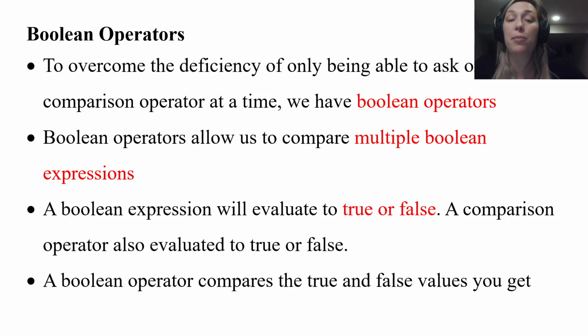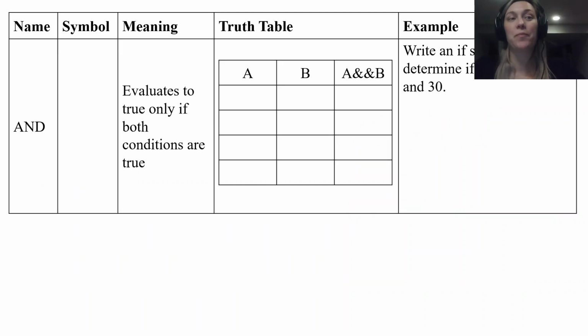Okay, a Boolean operator compares the true and false values that you get, and there are three of them that we are going to be talking about in this course. There is technically a fourth one that I'll talk about a little bit just to show you, but it's not required in AP CSA. The only three that are required in AP CSA are what we're going to go over right now.